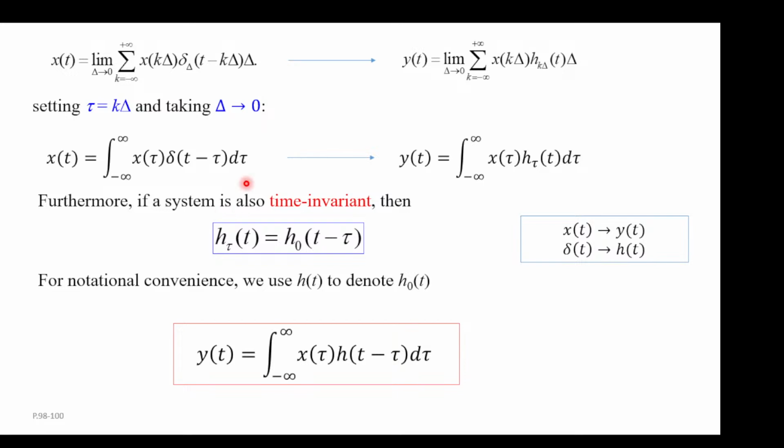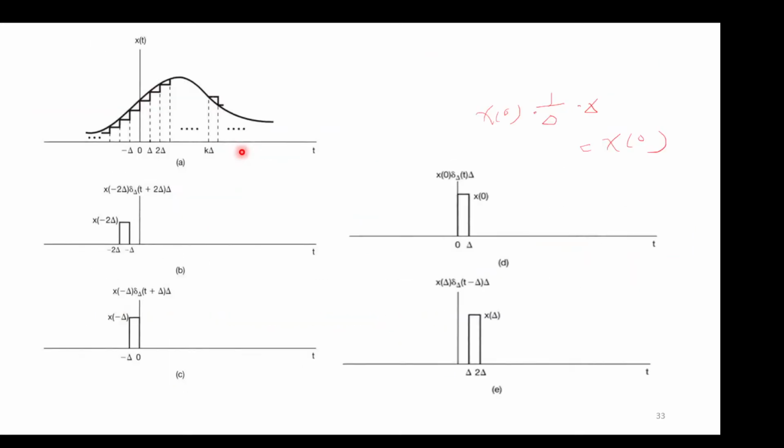And okay, so we have this summation, and now we go back to continuous time. So we set tau equal to k triangle, and take the limit of triangle going to 0. Tau equal to k triangle makes sense because k triangle is kind of where you are on this timeline.